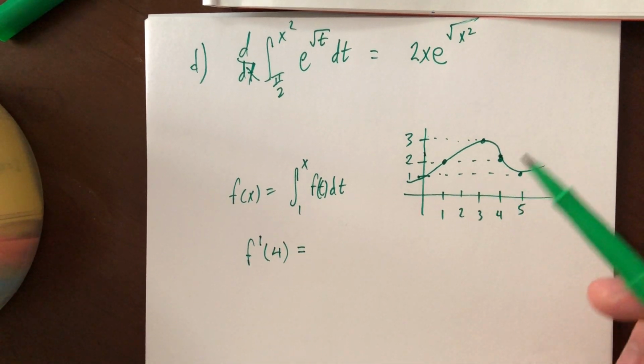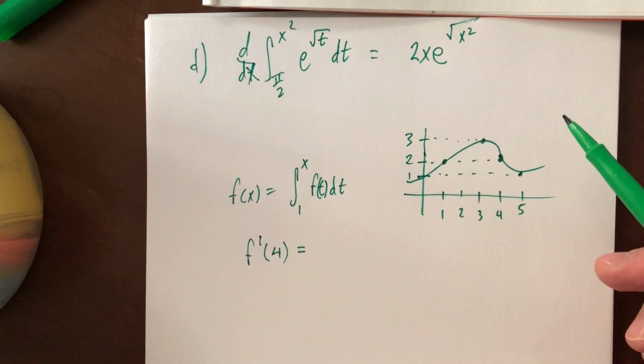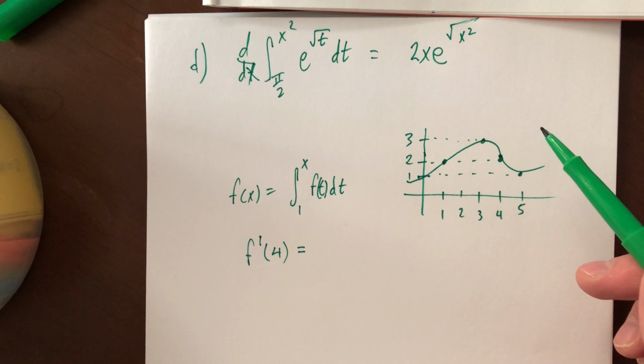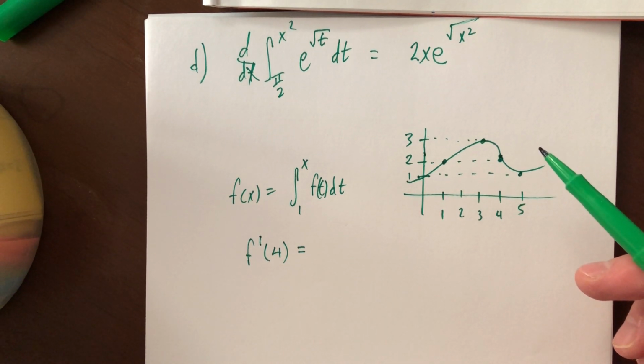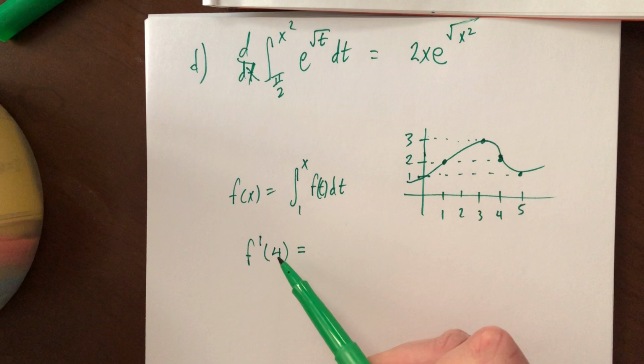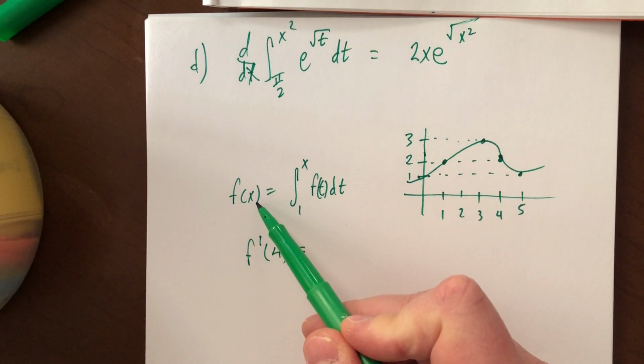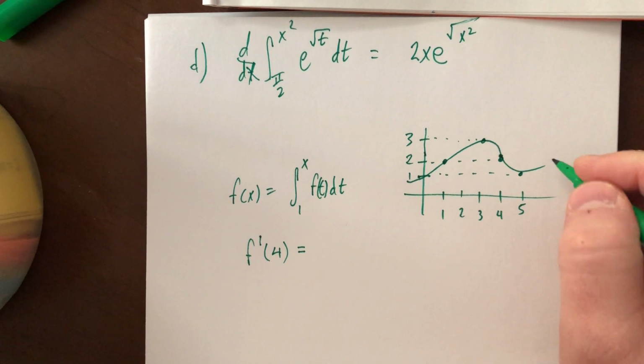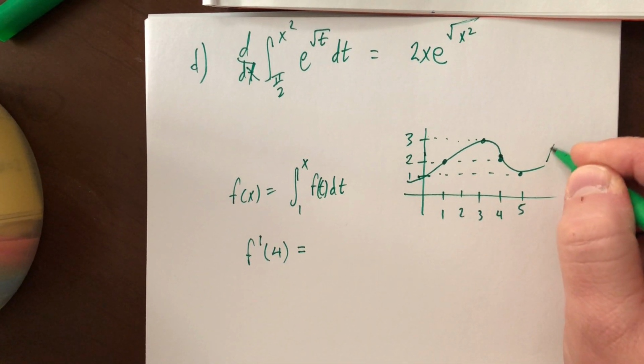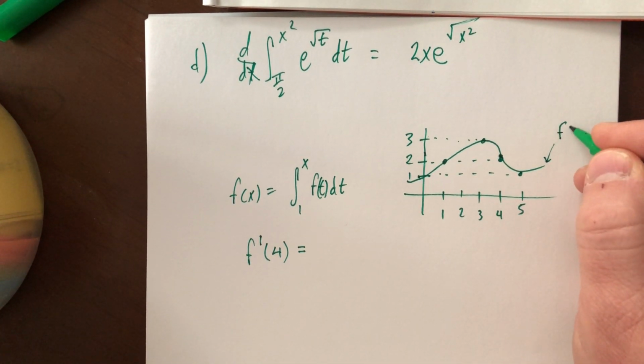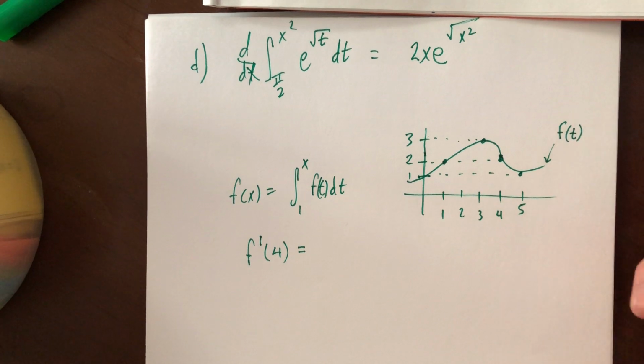And we have to be careful. If we think about this, it actually turns out to be very, very simple. Oh, sorry. We'll say this curve here is f of t.